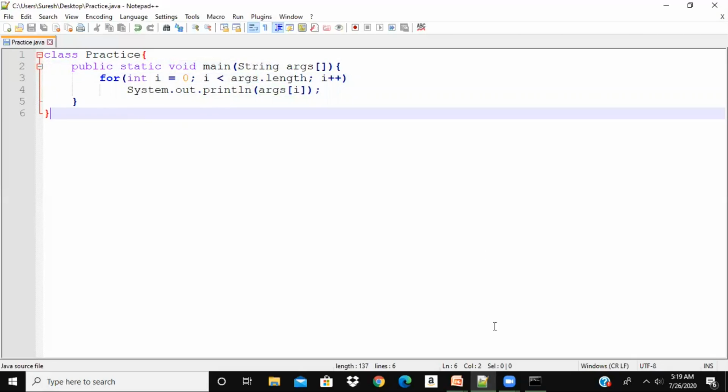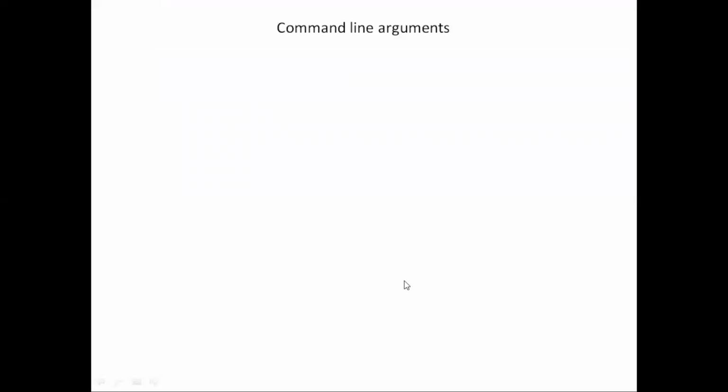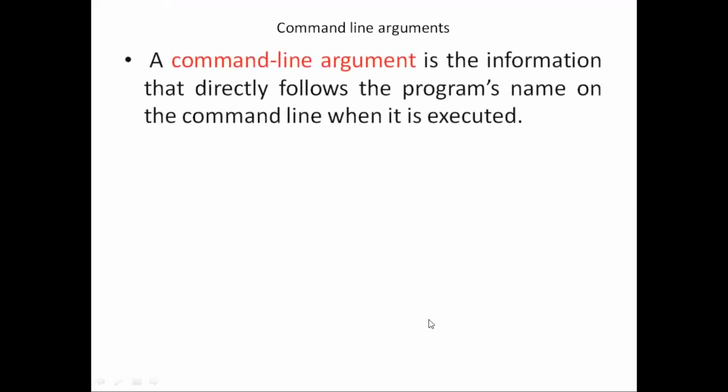A command line argument is the information that directly follows the program's name. We can see that after typing java practice, I am passing some information. In our example, we passed 1, 2, 3, 4. That is a command line argument.